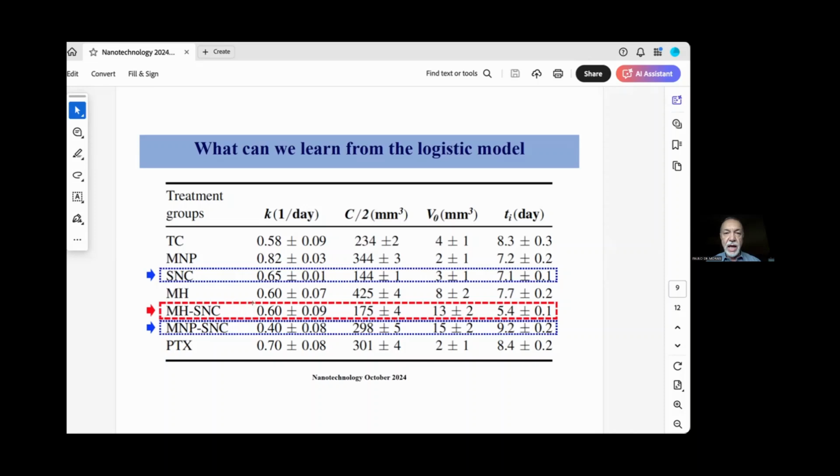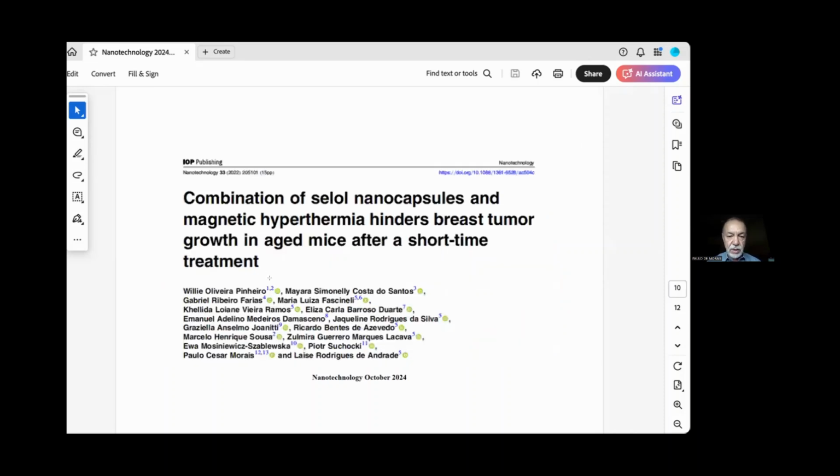Although we didn't have any complete remission of tumors, this treatment was able to block the tumor growth, and block the tumor growth more efficiently when we are combining magnetic hyperthermia with including silol in PLGA nanocapsules. If you want to see more details about this work, you can find the publication in 2022 in Nanotechnology. So more data are included in this paper.